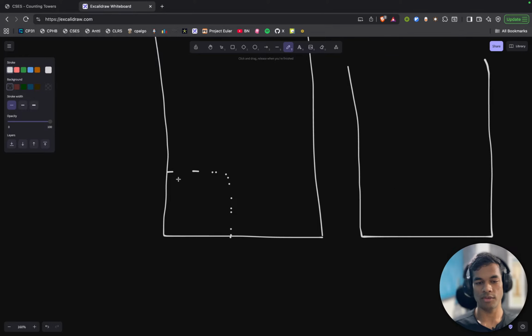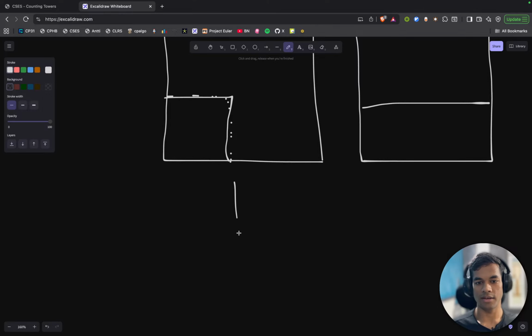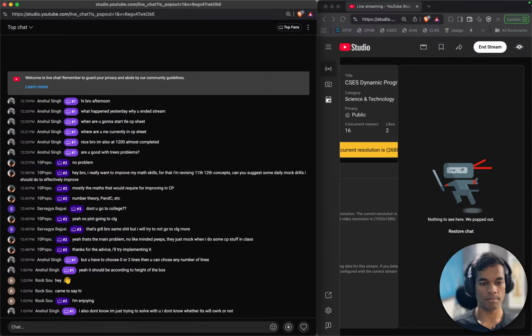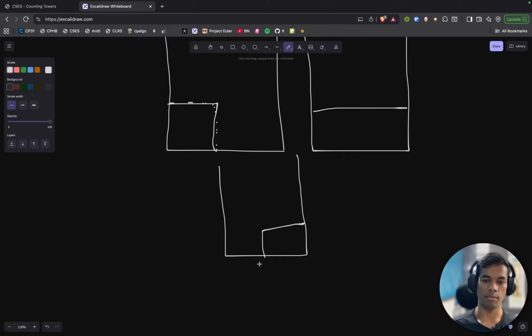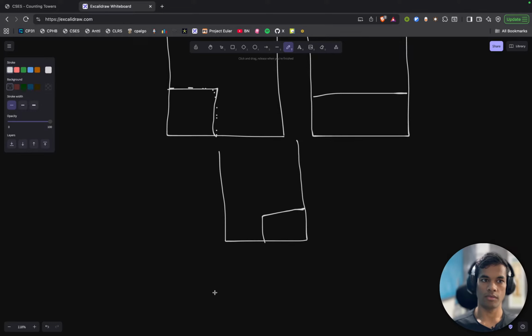So this is one of the choices we could make. Something like this is also valid, and also something like this. I think these are the only choices that we can possibly make. And I think this would not depend upon the choices made by the row below this row.